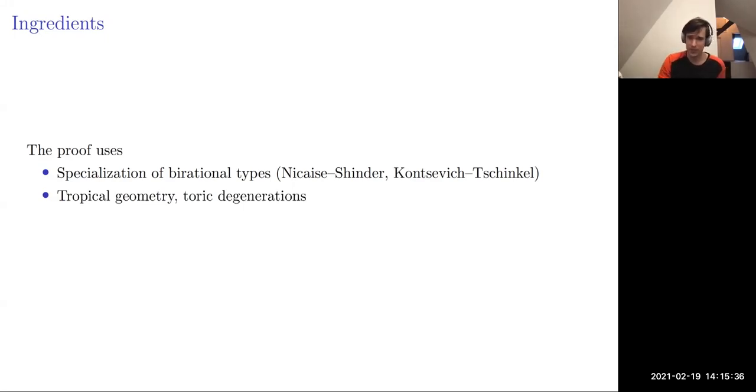To construct interesting degenerations, we use tropical geometry, and in particular toric degenerations. This is a very useful tool, and it gives us a lot of flexibility in constructing degenerations that we then look at.